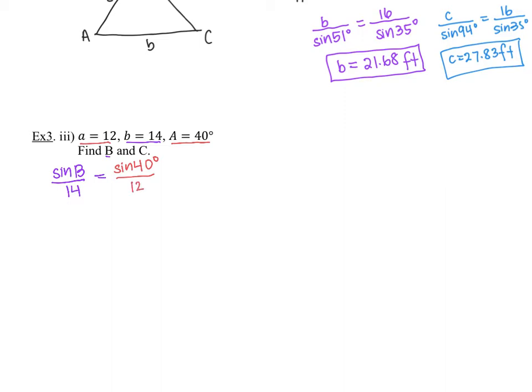Okay, now when I solve this, I normally can't do it all in one step. I am going to multiply the 14 to the other side and put it in my calculator or save the expression. I get about 0.7499, and so on. I do want to keep a lot of decimals on it because in order to solve for the angle, I need to use inverse sine.